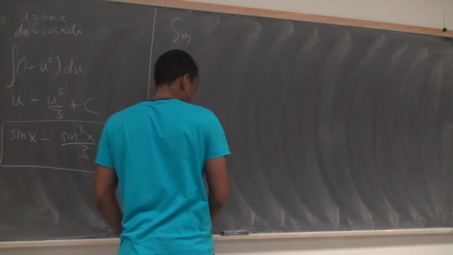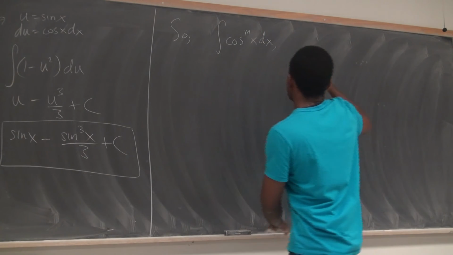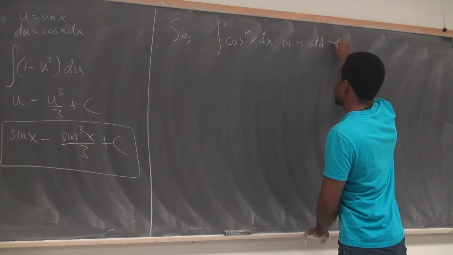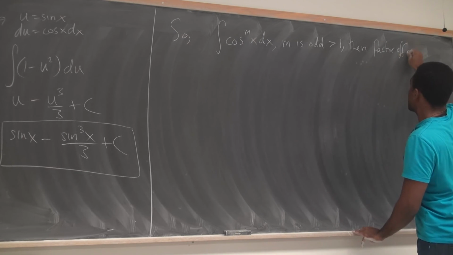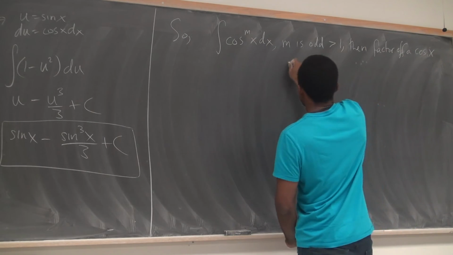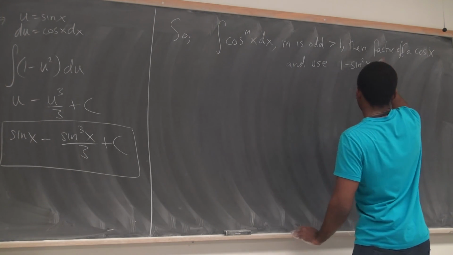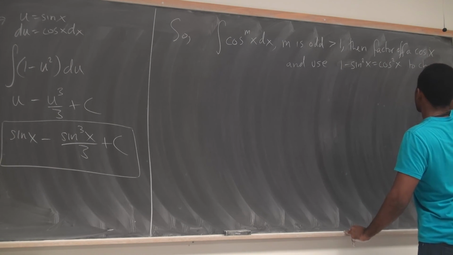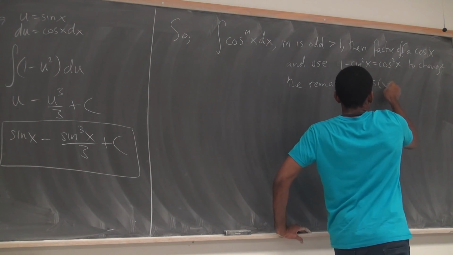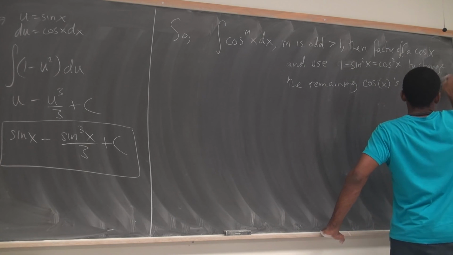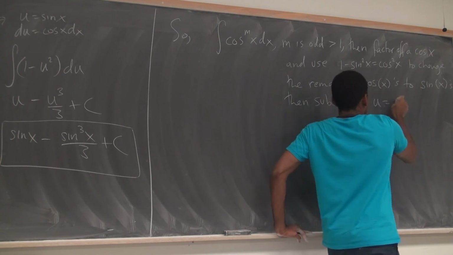So if we have the integral of cosine mx dx, and m is odd and greater than 1, then factor off a cosine and use 1 minus sine squared x equals cosine squared x to change the remaining cosines to sines. Then substitute u equals sine.